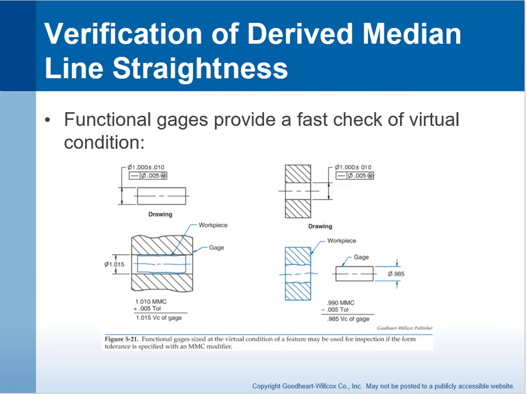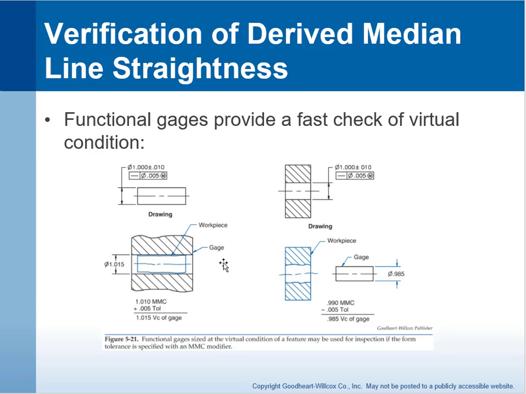So here we're going to talk about functional gauging. Here we have a drawing. It is a pin, and the pin has an MMC of 1.010 with a straightness of 5 thousandths. So what we can do is make a virtual condition gauge, a functional gauge, to check the virtual condition.